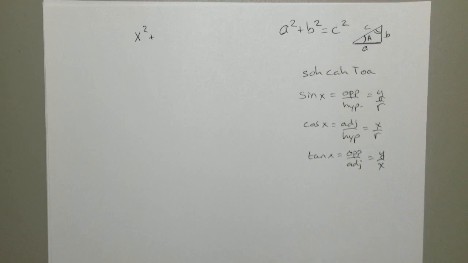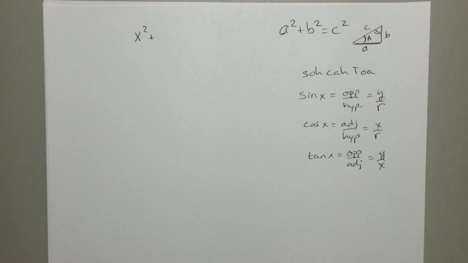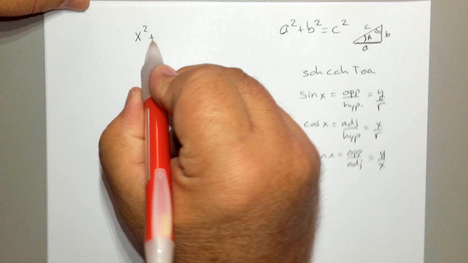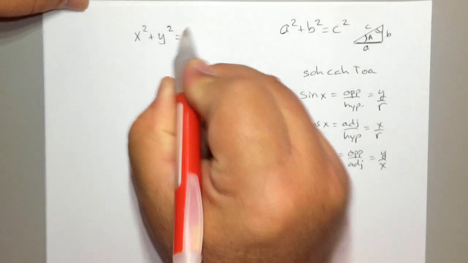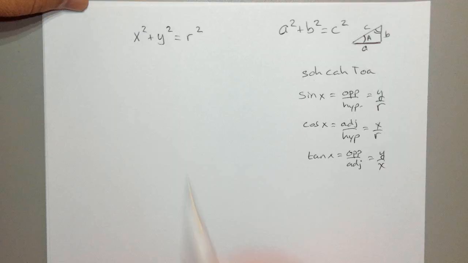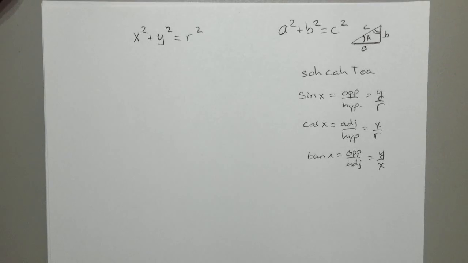This same equation helped us define the formula for circles. X squared plus y squared equals r squared, the radius, which is where we then take it into trigonometry. We have x squared plus y squared equals r squared.